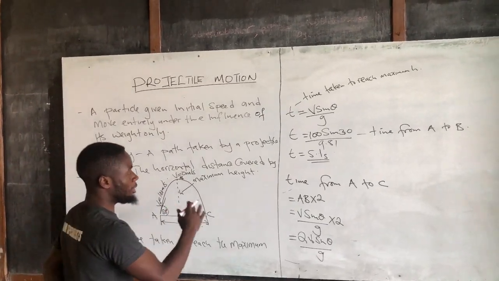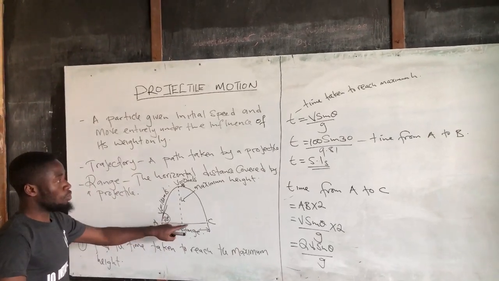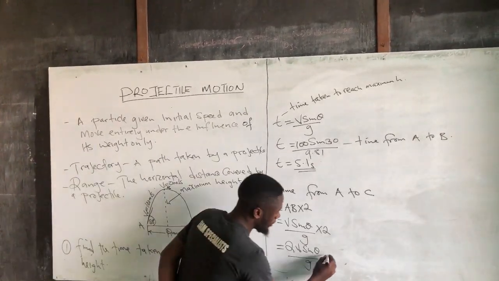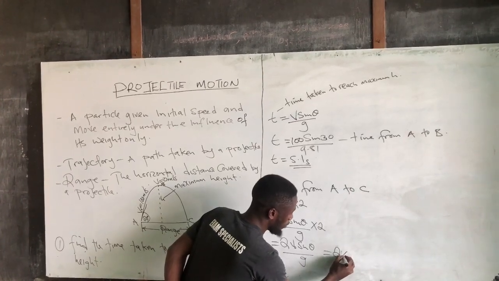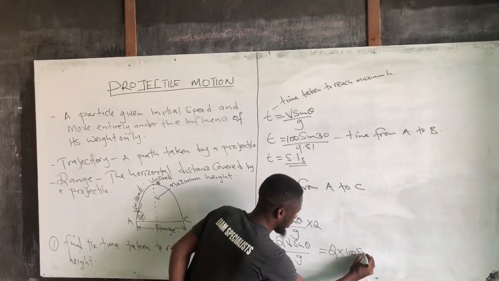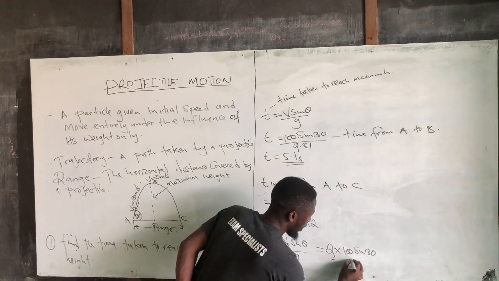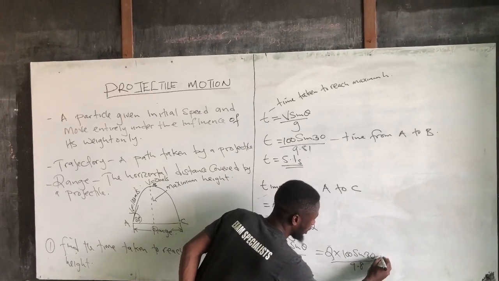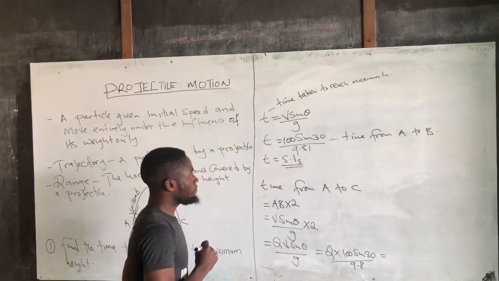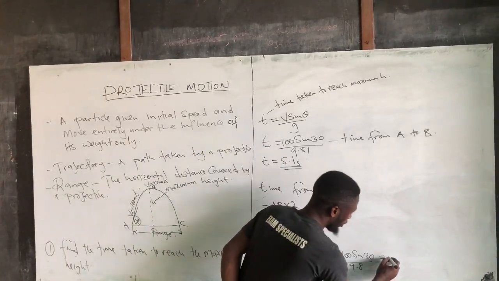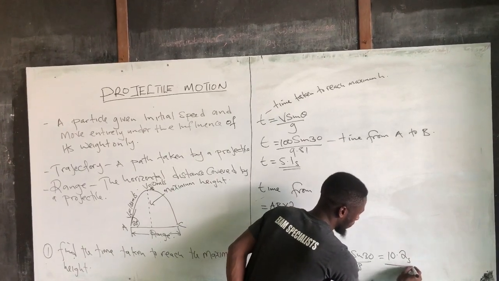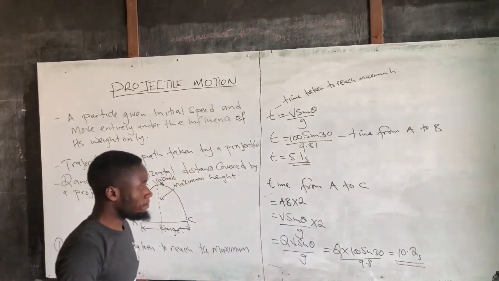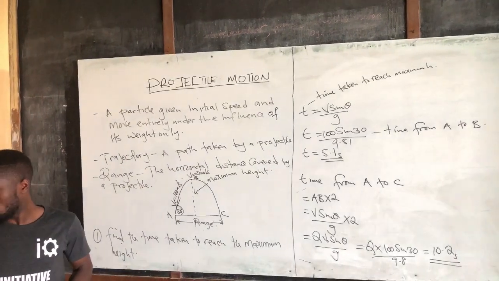In this case, the time from A to C equals 2 multiplied by 100 sine 30 over 9.8. The answer is 10.2 seconds. So we are done.